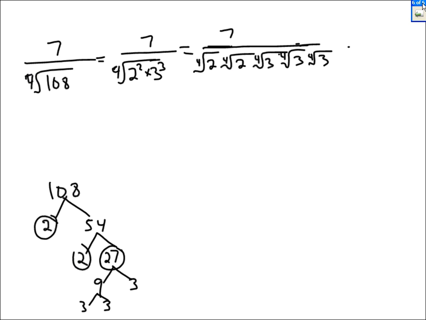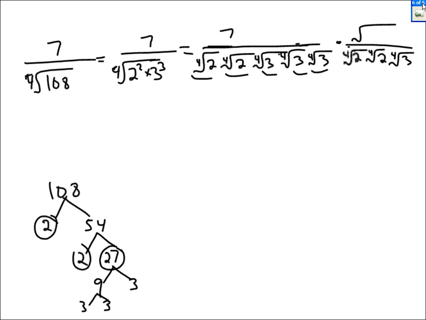Now, what do we multiply it by? Well, we want to multiply it by 1. You need the fourth root of 2 4 times. I have it 2 times, so I need it 2 more times. I need the fourth root of 3 4 times. I have it 3 times, so I just need it 1 more time.